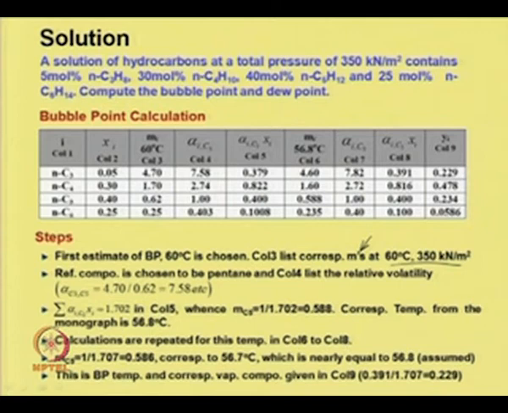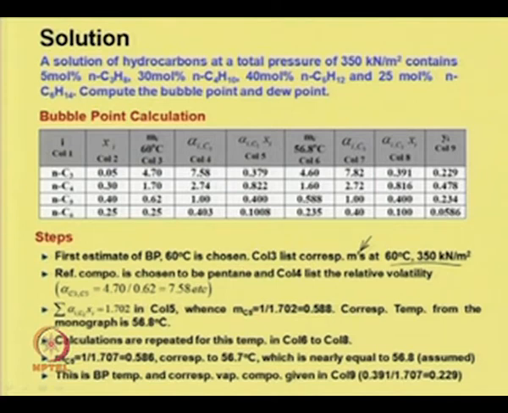If we see column 6 to column 8, these calculations are repeated and we can see MC5, 1 by 1.707, is equal to 0.586, corresponding to 56.7 degrees centigrade, which is nearly equal to 56.8, the assumed temperature.